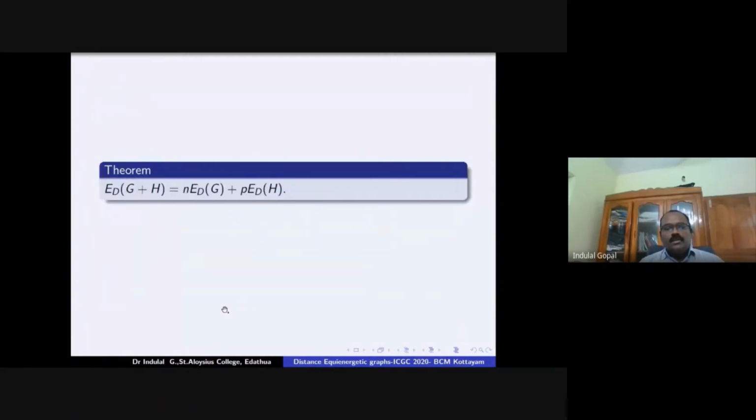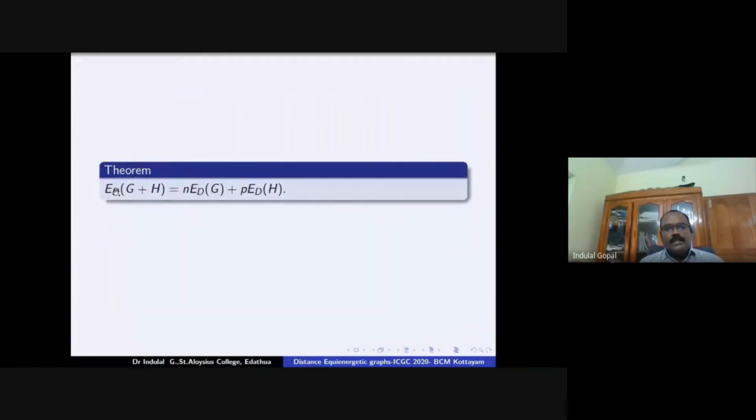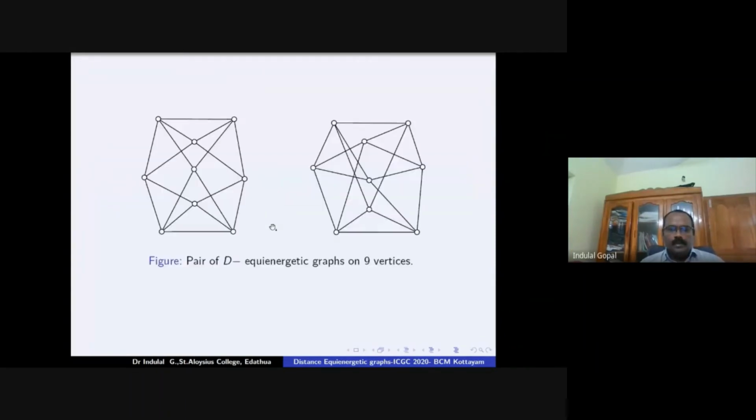And we can observe from this distance spectrum of the Cartesian product of G and H that the distance energy of the Cartesian product of G and H is N times the distance energy of G plus P times the distance energy of H. And these are two basic D equi-energetic graphs on N vertices with diameter 2.